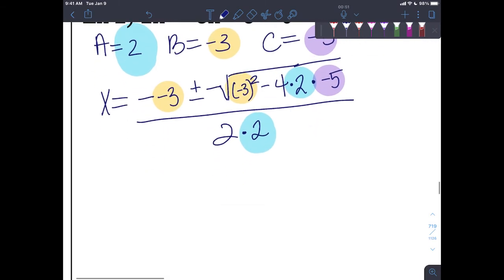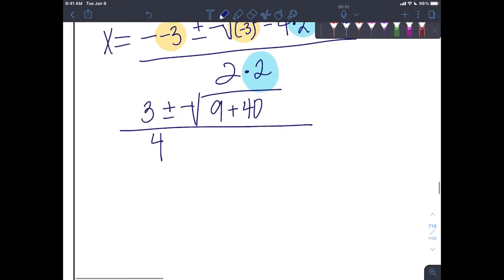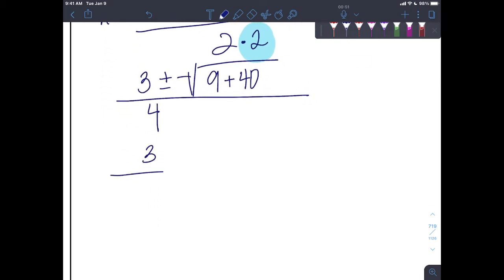Okay, so 3 plus or minus, all divided by 4, square root of 9 plus 40. And I'll keep going. 3 over 4 plus or minus square root of 49.